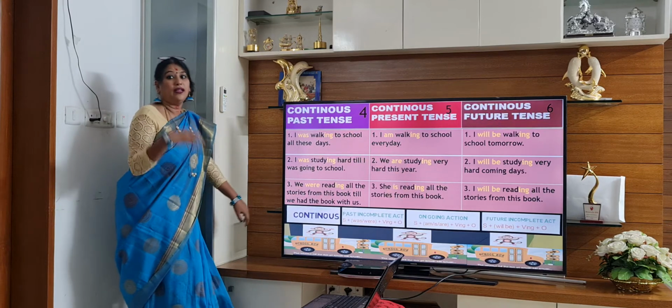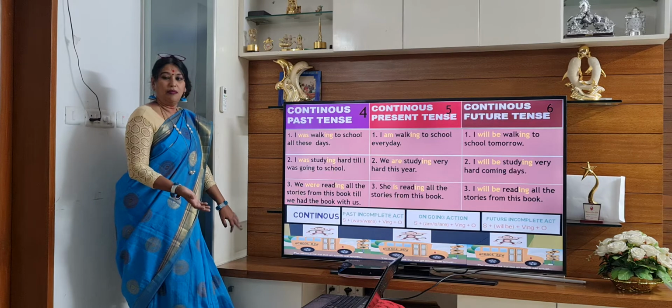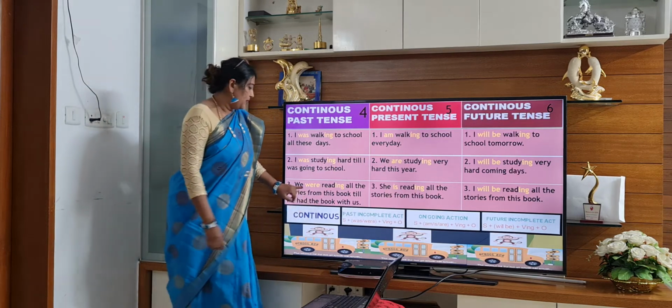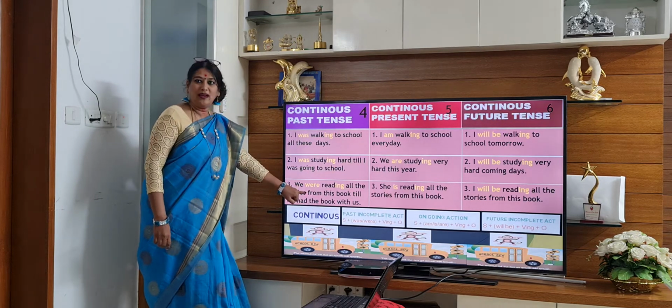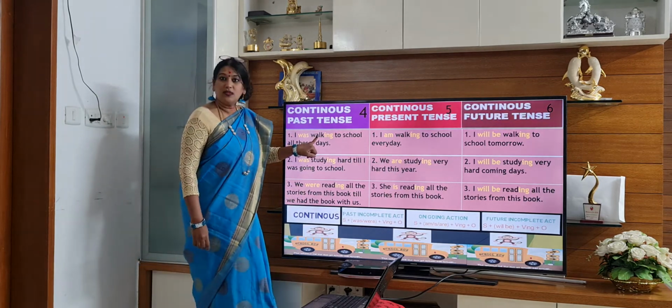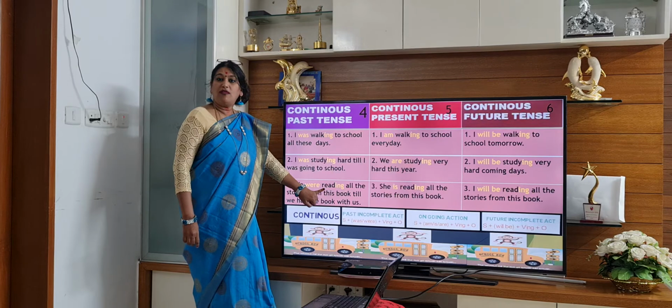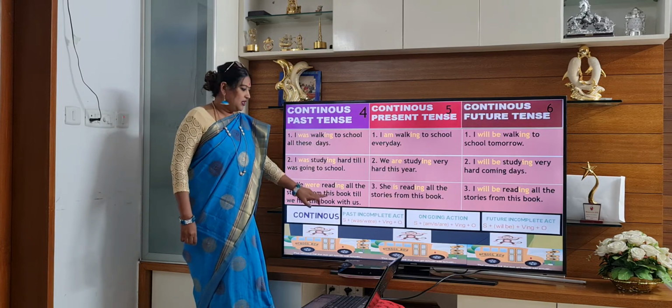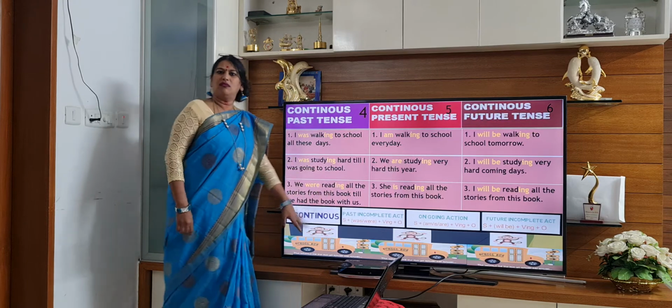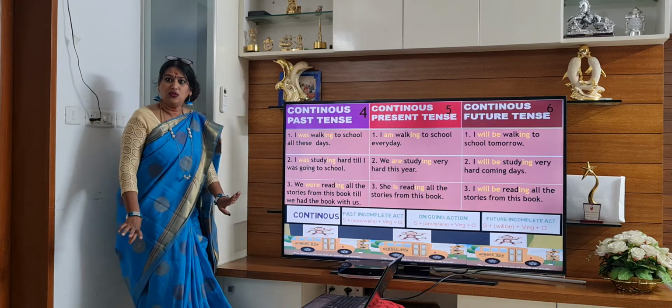Till how long? Till they had the books from the library with them. See, we were reading. Was or were, I said. The first form of read is read. You have to add ing. Here also add ing and then complete the sentence according to you.